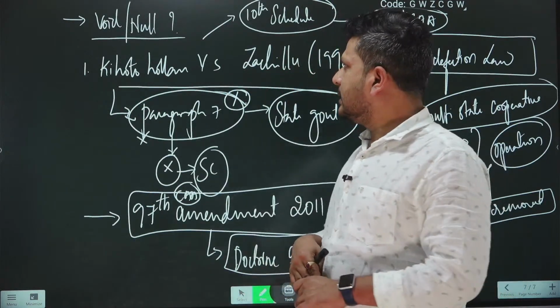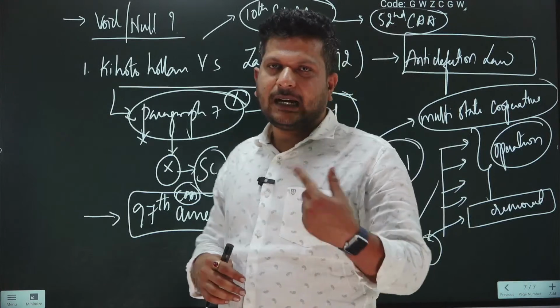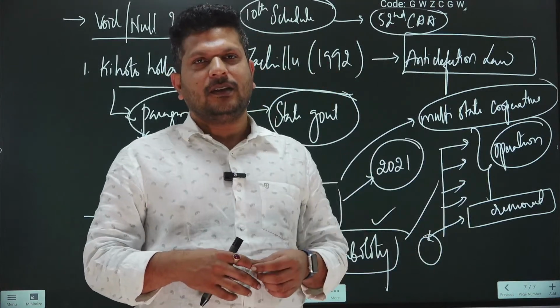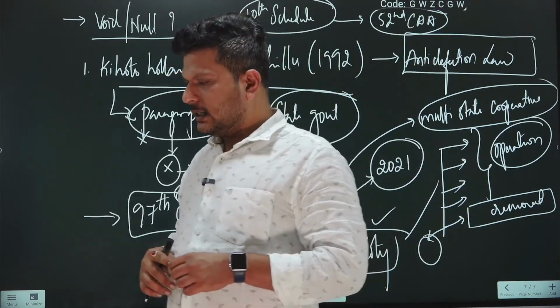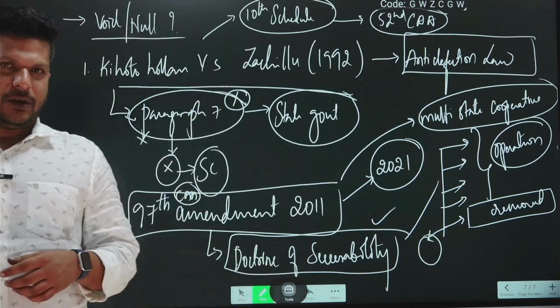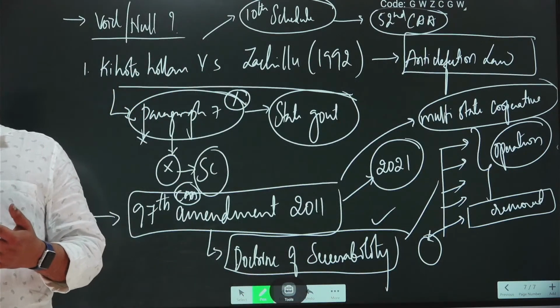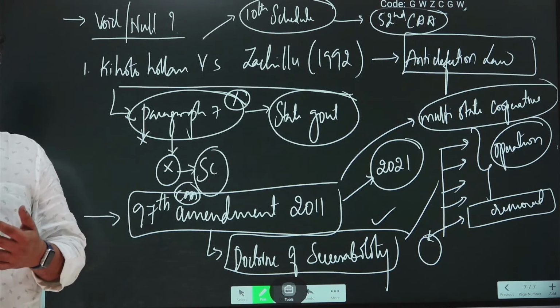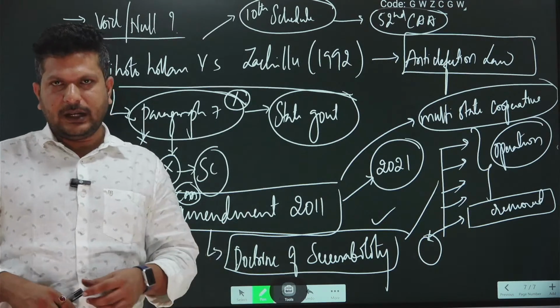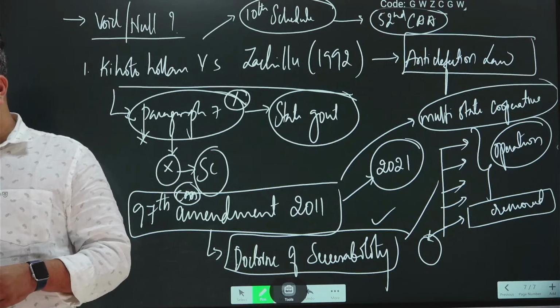Then the question is, once states give their ratification, can they take it back? There is one US judgment that is taken into consideration, because till now such a scenario has not been encountered in India wherein states have taken back their ratification.